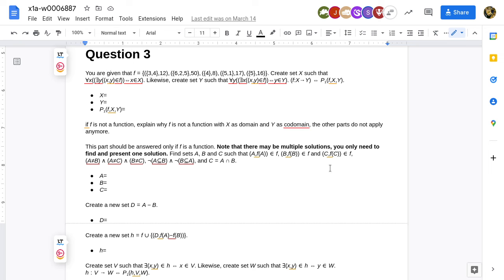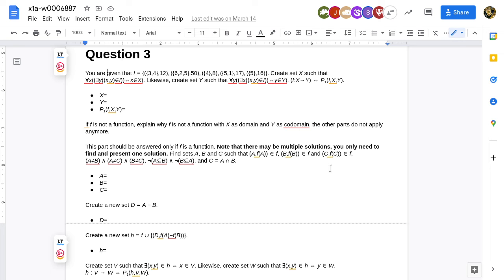So the first part is basically saying they are all different. A, B, and C are different sets. The second part is saying A and B cannot be subsets of each other. And then the third part is really the most important part, which is C is the intersection between A and B. Now, why do I need all of these constraints? Because without these constraints, A, B, and C can be the same thing.